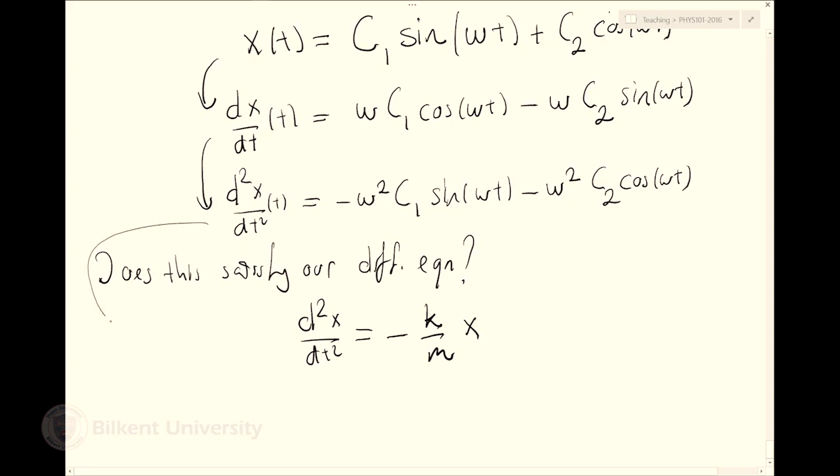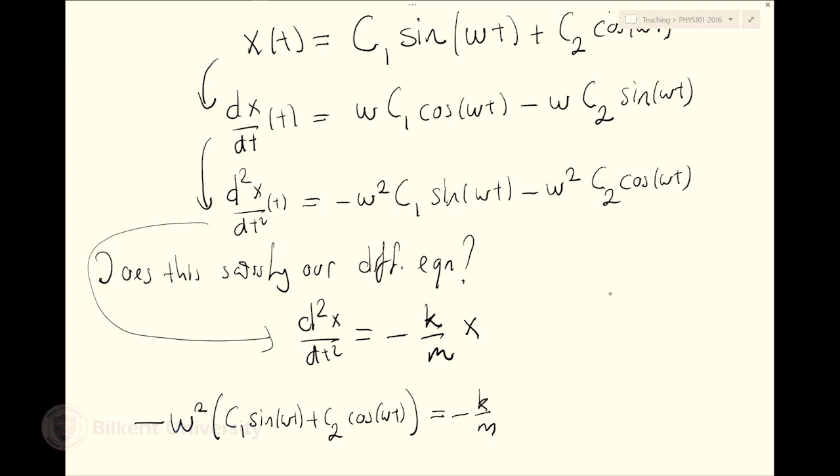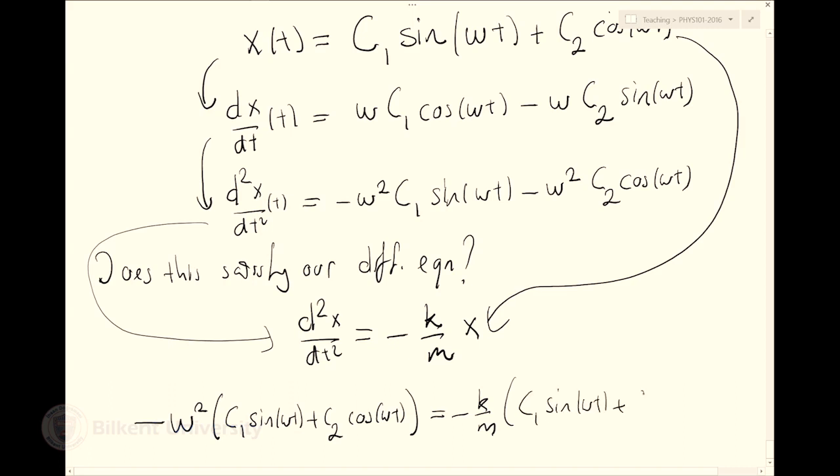So left hand side, let me write as follows: minus omega square c1 sine omega t plus c2 cosine omega t. And right hand side is minus k over m times x, and I know what x is. X is c1 sine omega t plus c2 cosine omega t.